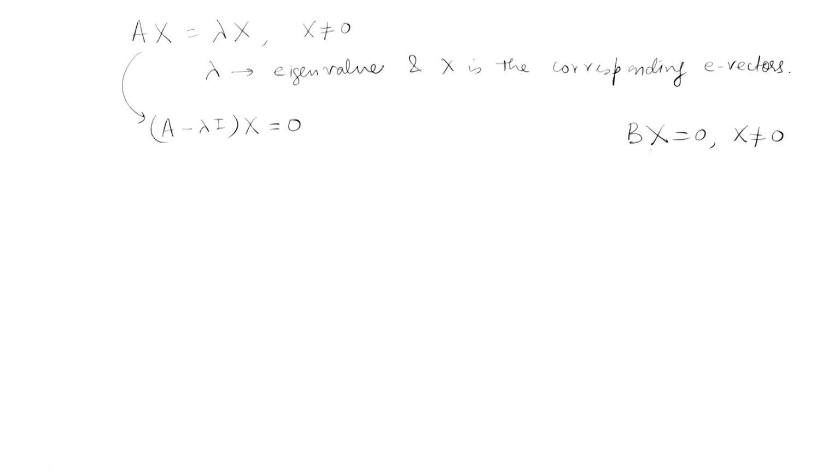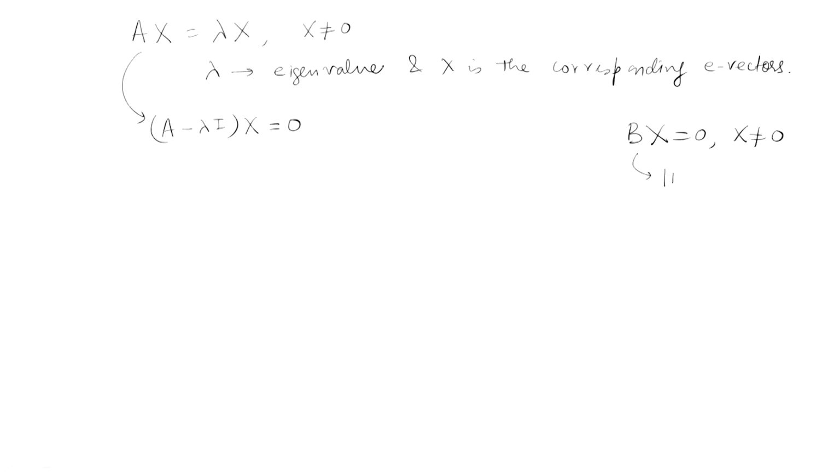For this system of linear equations where B is a matrix of order n cross n, if x is not equal to 0, it has infinitely many solutions only when determinant of B is equal to 0. So, here instead of B we have A minus lambda I. Since x is not equal to 0, this means determinant of A minus lambda I is equal to 0.